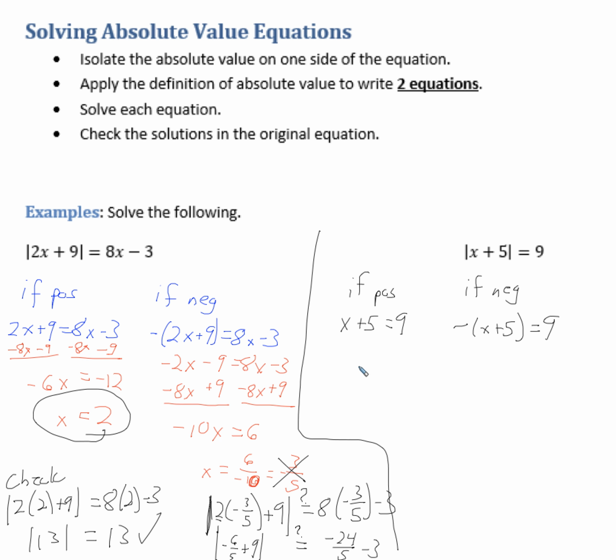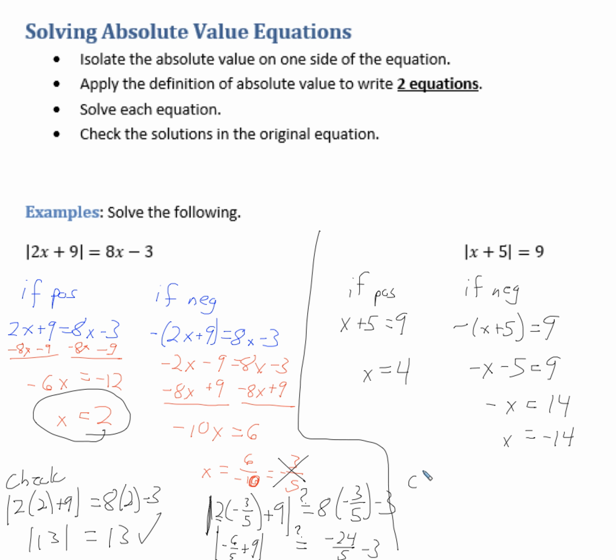Here we subtract 5 from both sides, which would give us x equals 4. Here we distribute the negative, so negative x minus 5 is equal to 9. Add 5 to both sides. Negative x equals 14. And divide by negative 1, x equals negative 14. So those are our two answers.